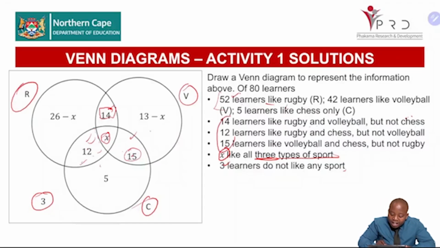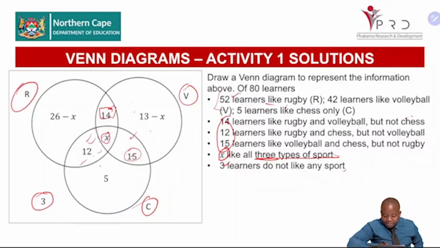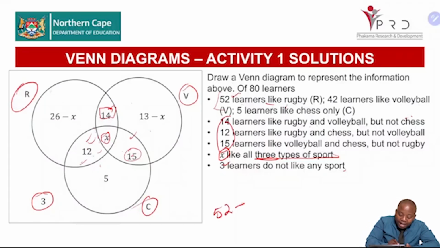After we are done with this now, let's go back to the first part. There we are going out. So you see in, out. So let's now go outside. So they say 52 learners like rugby. Right. So from our learners, we are saying 52 of them like rugby. So what am I going to say? I'm going to say 52 minus, so the R, all of this R, that's what the rugby speaks to.